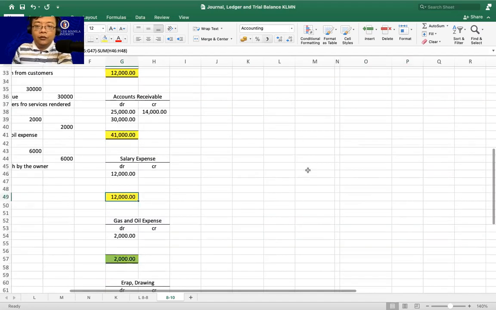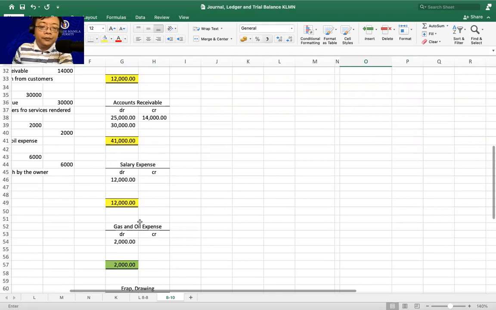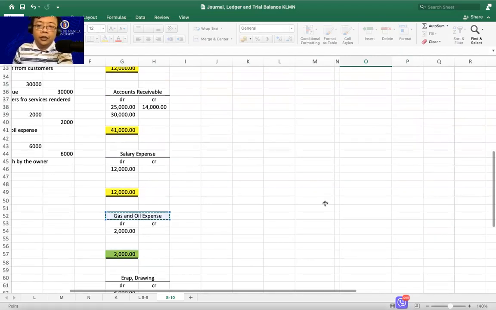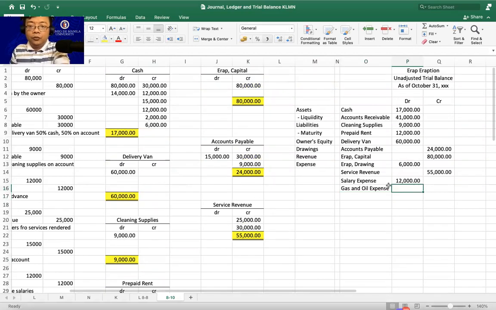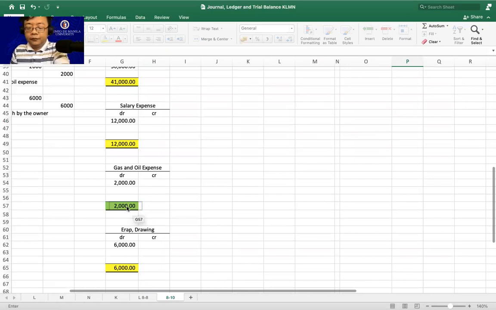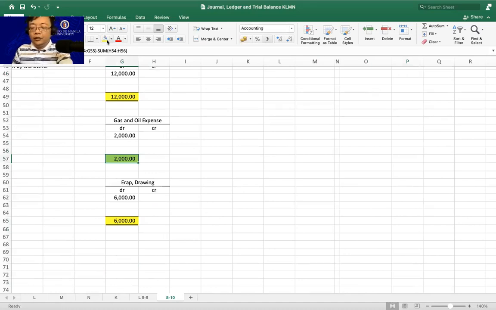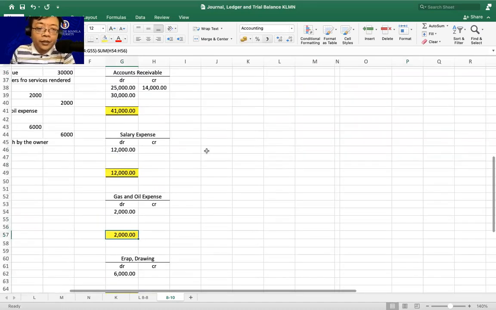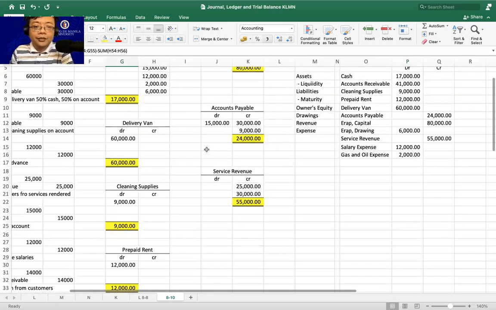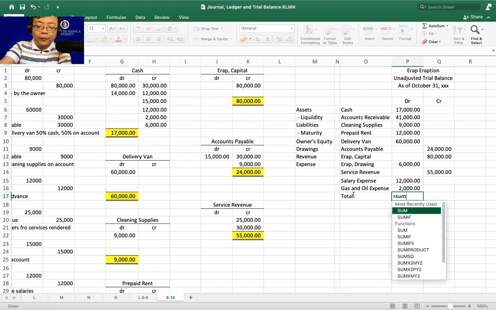We have only one, which is our gas and oil expense, worth 2,000. So I think we are done. Yellow on everything. Hopefully, we are balanced.